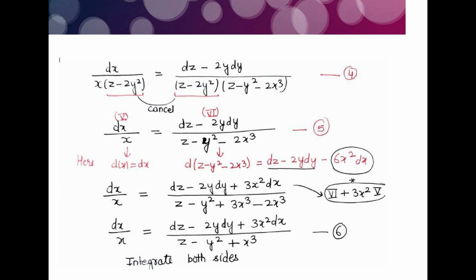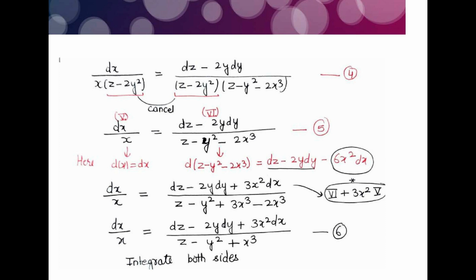Keep the 5th ratio on the left hand side as it is, dx upon x. This is equal to the 6th ratio, and in this I am adding 3x square into the 5th one. So on the right hand side I have dz minus 2y dy plus 3x square dx, and the denominator part will be z minus y square plus 3x cube minus 2x cube.